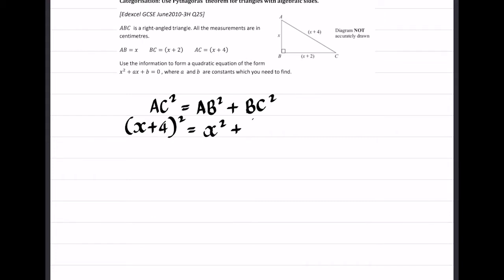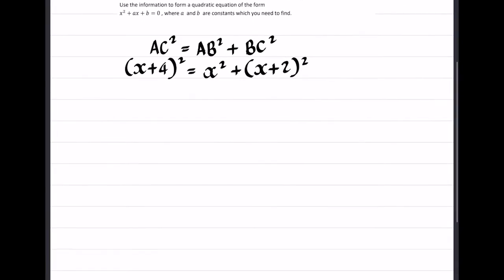So AC squared, hypotenuse squared, is equal to side 1, AB squared, plus side 2, BC squared. So AC is x plus 4. So I have x plus 4 squared equal to AB, which is x squared, plus BC, which is x plus 2 squared.